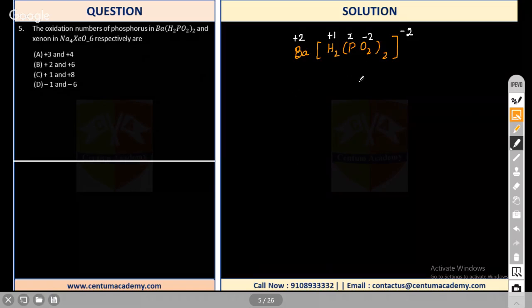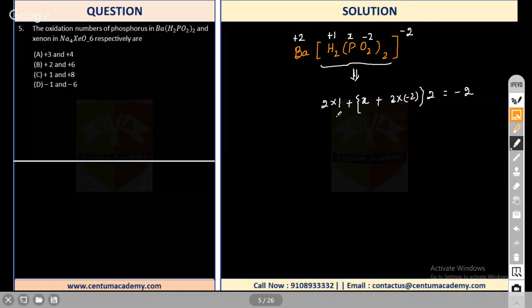For this part, we'll write 2 into 1 plus X plus 2 into -2, and this is multiplied by 2 because of the whole twice, and this equals -2.